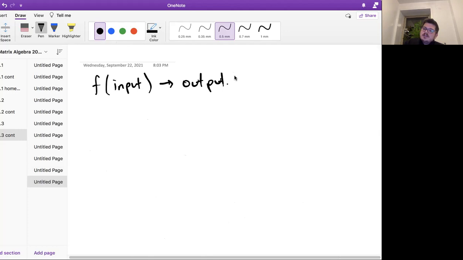Now, if I want to apply a different function g as a composition, this output of f becomes the input of g. Does that make sense? That's what a composition is. So whatever f outputs, g then takes as input.